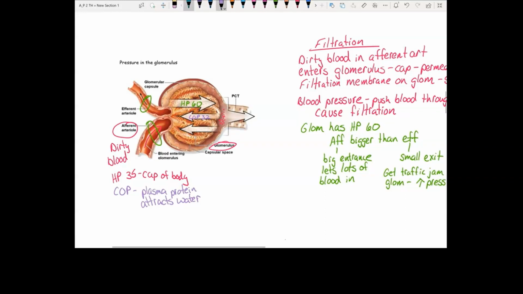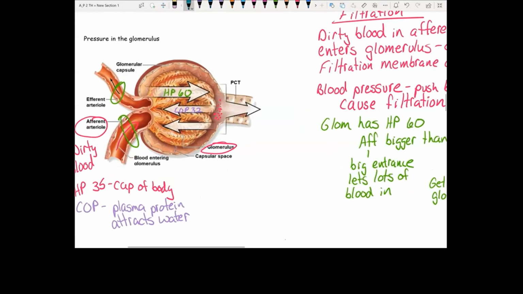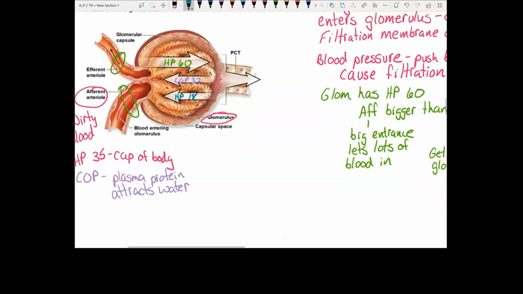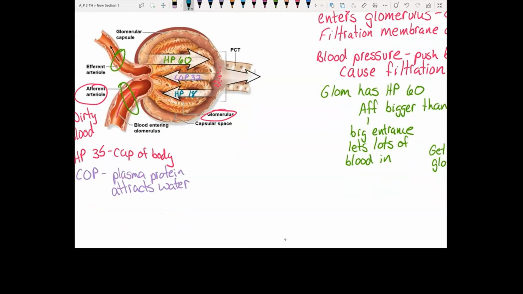Now in the glomerulus, we have a third pressure. This one is another hydrostatic pressure, but this is hydrostatic pressure of the capsule, and this is 18. So remember, what catches the filtrate is Bowman's capsule. When that filtrate comes out, it is trapped here.